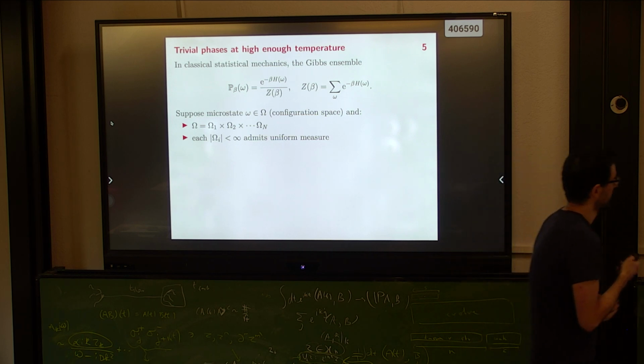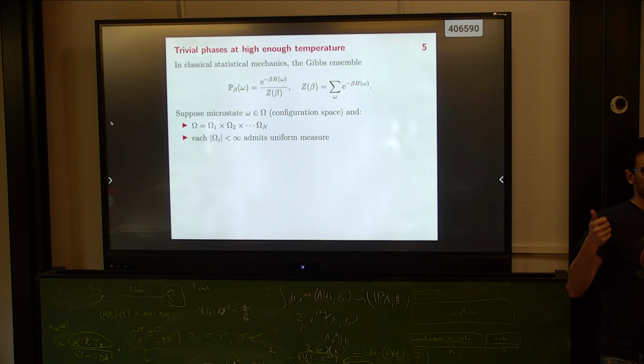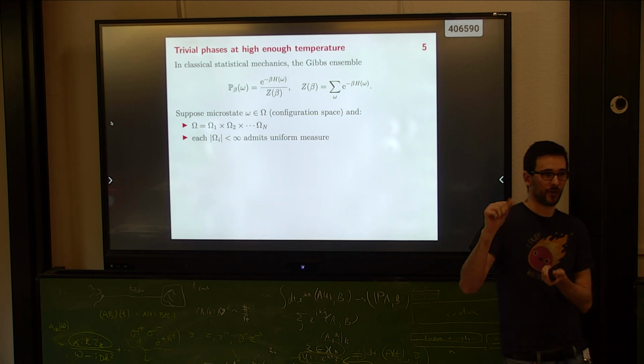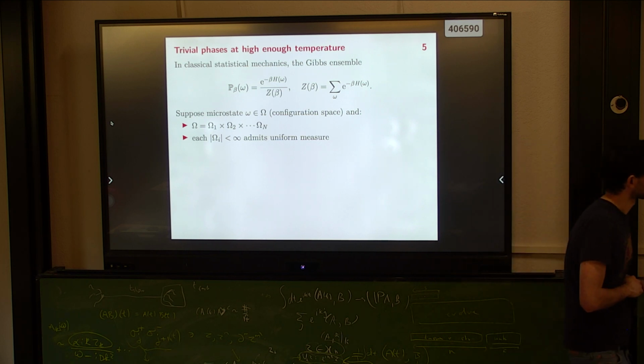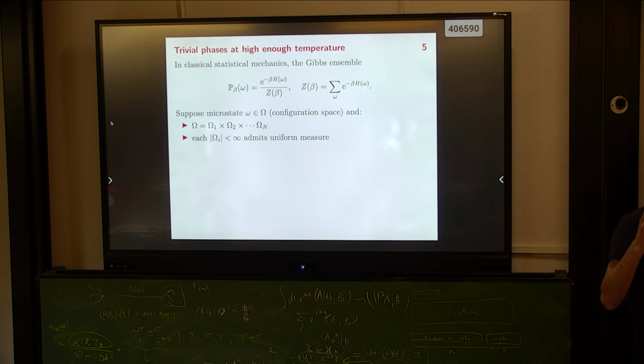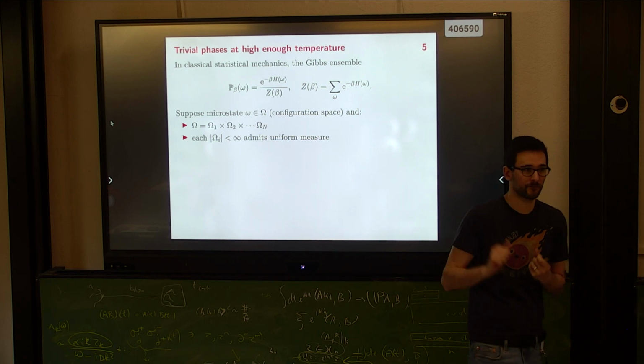The first one is that omega is a product space. So if, for example, you have an Ising model, you have a spin which is either +1 or -1 on every site in the lattice. And there are no restrictions that two neighboring spins have to be the same or have to be opposite. You can take any configuration you want.